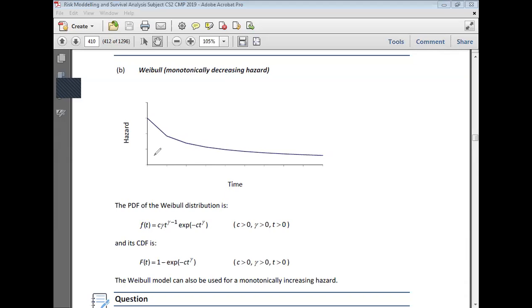And I guess we have already seen that if my gamma is just 1, then exponential becomes a special case of Weibull. So this constant hazard is just the exponential model, which is what we would have ideally expected, right?